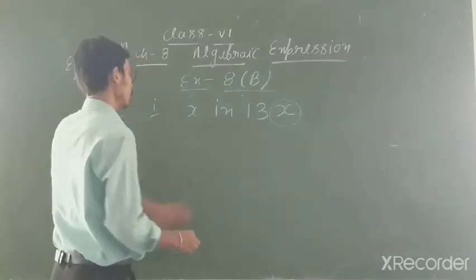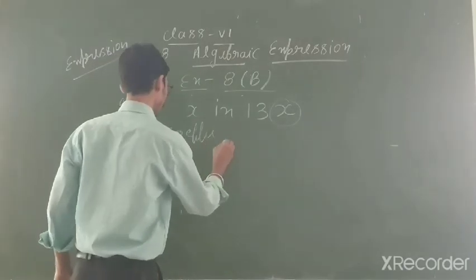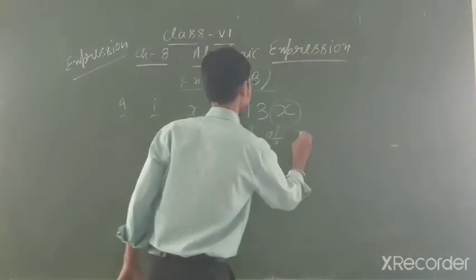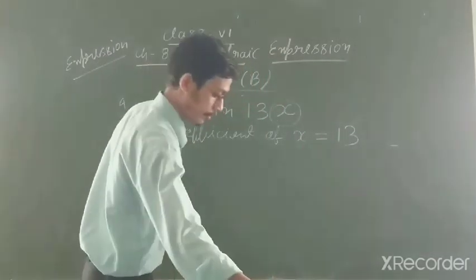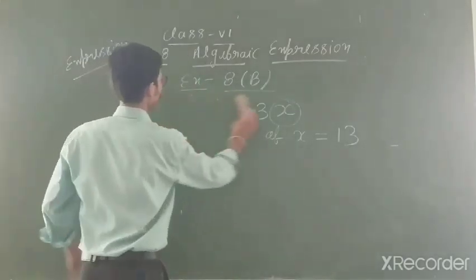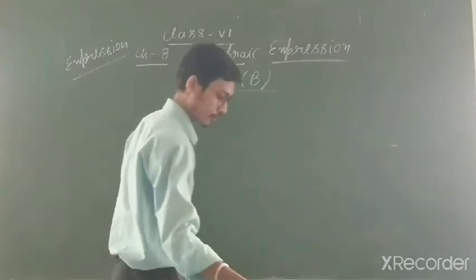So what is left? 13. You will write down coefficient of x equal to 13, because you have to leave the x. Clear student?